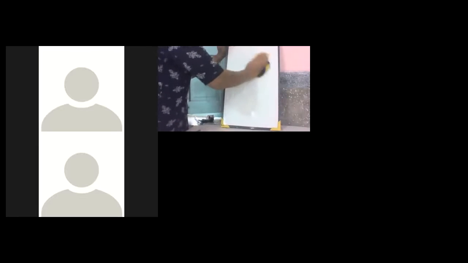DNA fingerprints. Sometimes we hear that a DNA test is done of a particular person, a criminal, whatever it is, to find the identity of that person. The DNA fingerprint is helpful. In between the genes there are lots of regions that are non-functional.